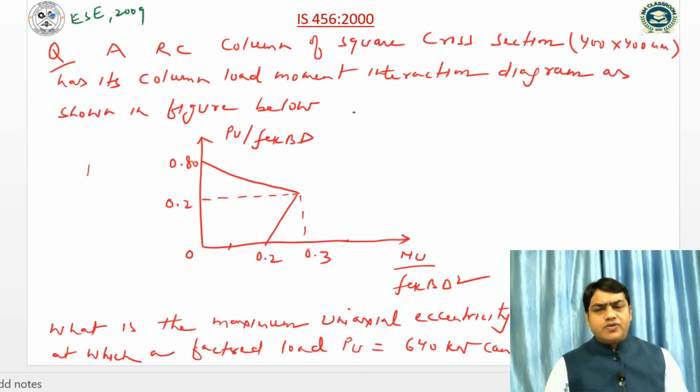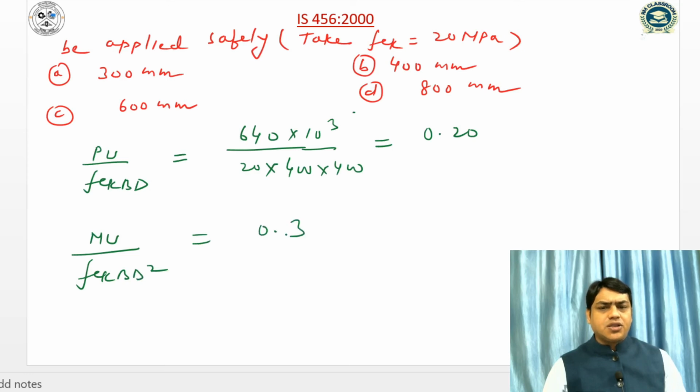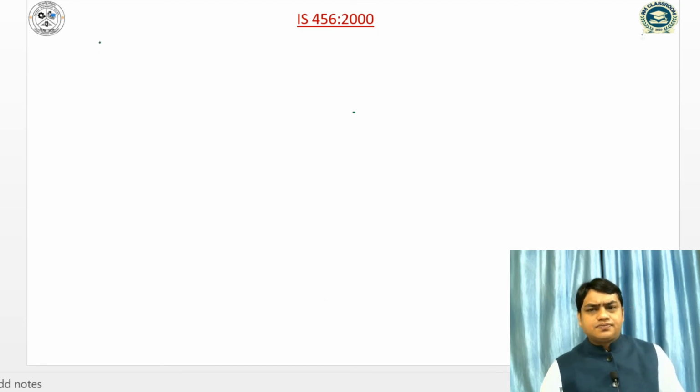With the help of this 0.2 value, we can read the value of MU by FCK BD square. At PU by FCK BD equal to 0.2, we can read MU by FCK BD square, which is 0.3. So we can compute MU. MU is 0.3 FCK BD square.